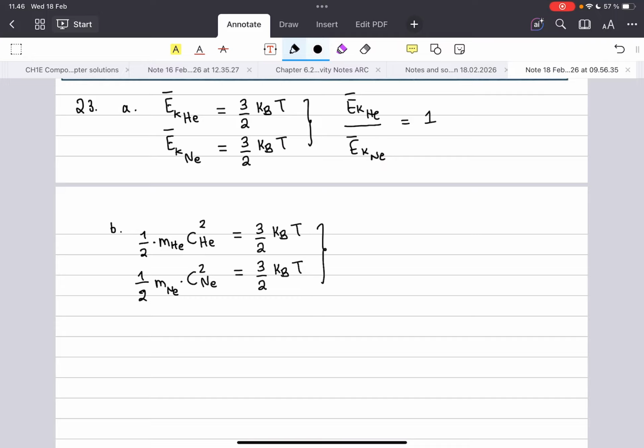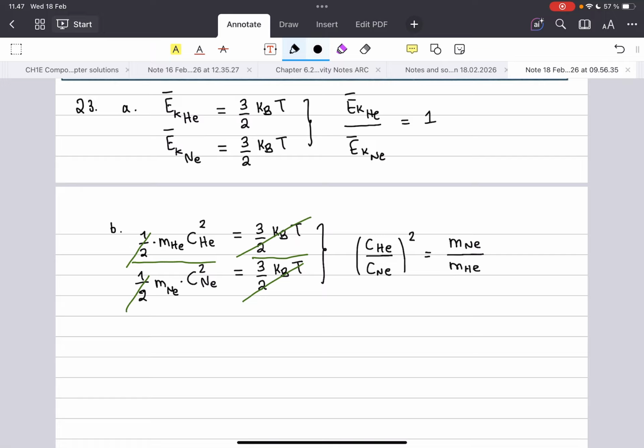If you divide those two equations, the halves cancel out because they're at the same temperature, so the ratio of the two speeds squared is equal to the mass of the neon divided by the mass of the helium.